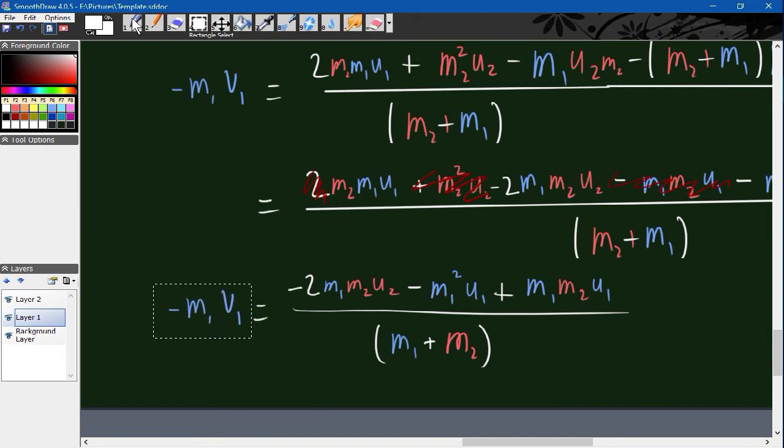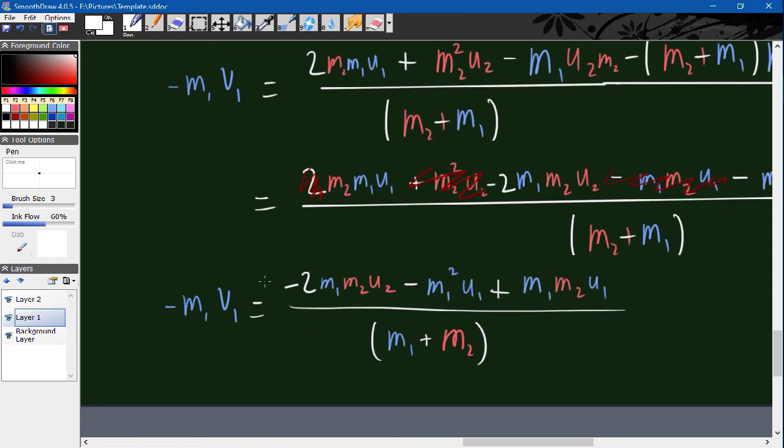Where's the paste? Oh gosh. There. And then we could divide both sides by negative M1. Right? And then we could start canceling out some terms. We cancel that. We cancel this. And we cancel this. And this turns into a plus sign because we did that.